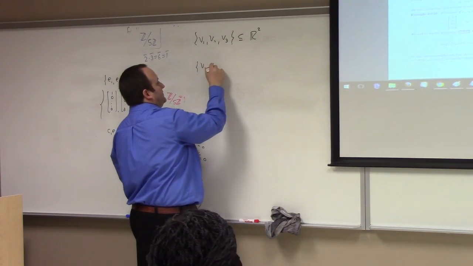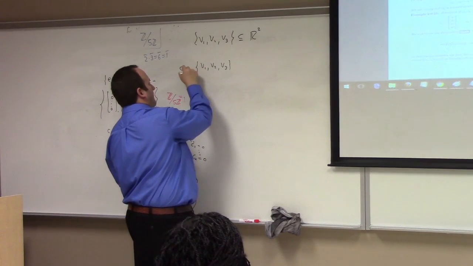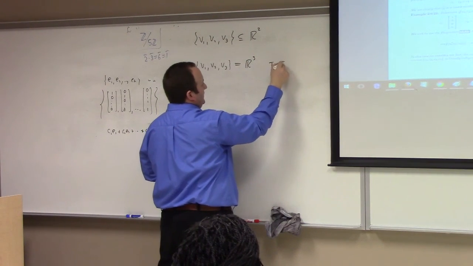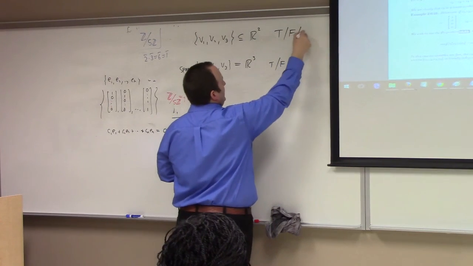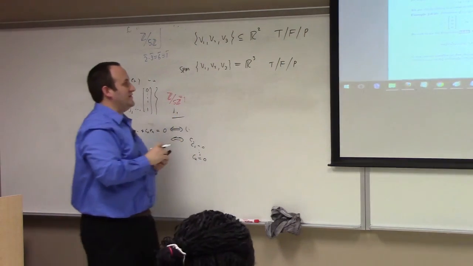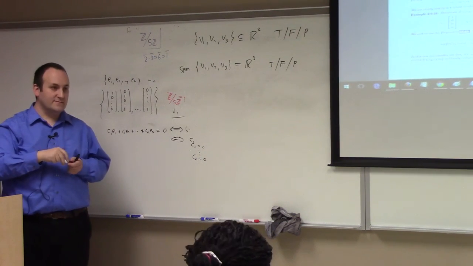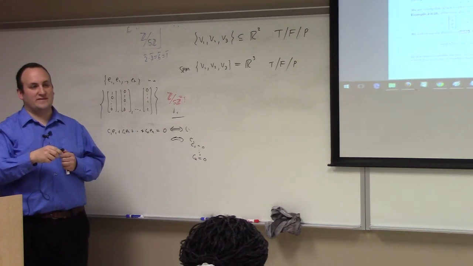Here's another question. True, false, possible. True, false, possible. Explain why possible. Well, the first one has to be linearly dependent, right? That's one of these theorems.